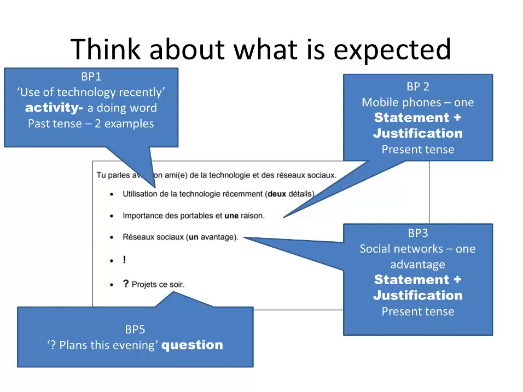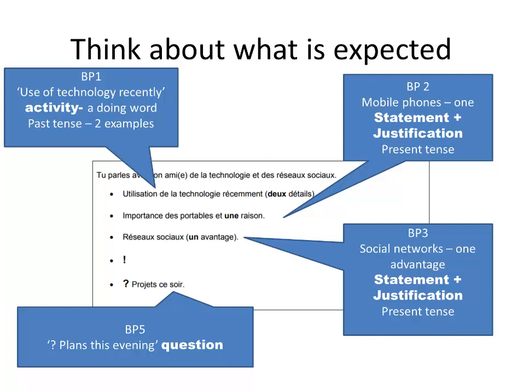So in this example, bullet point 1, utilisation de la technologie récemment, 2 détails, use of technology recently, 2 details. It's really asking you to say what you have done and to give 2 examples in the past tense. So they're using that noun, utilisation, to indicate we want to have a verb here. And you must give 2 details.